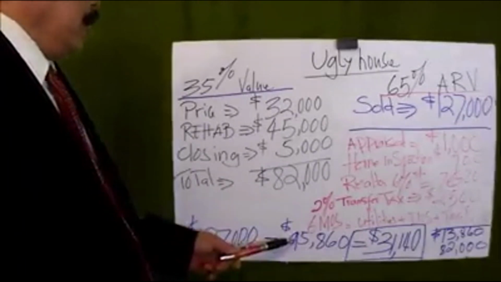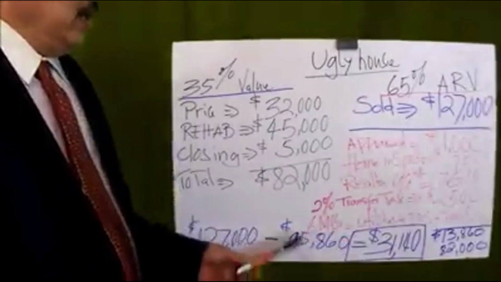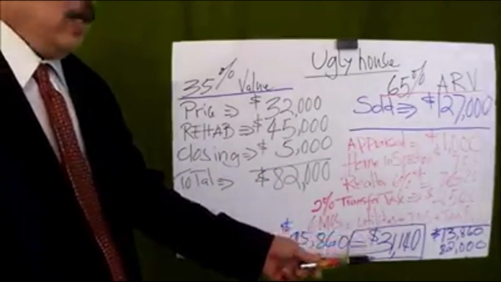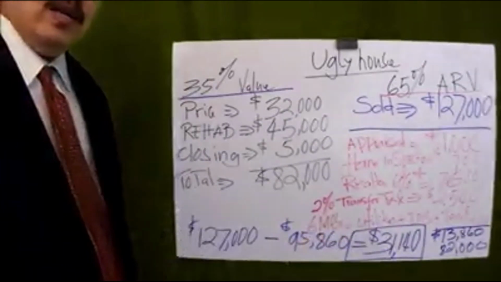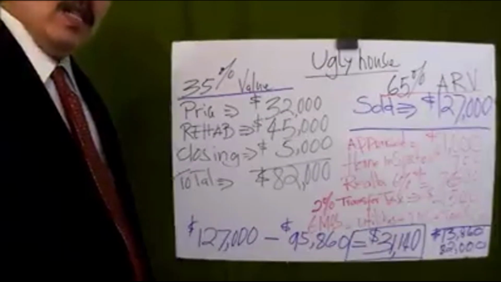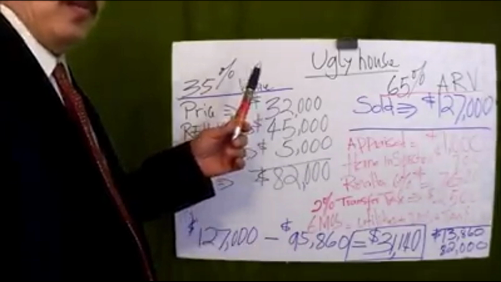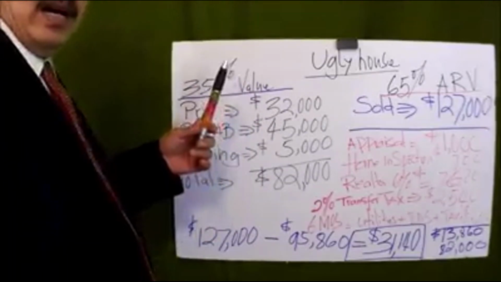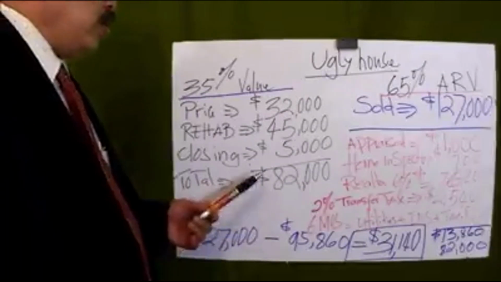You subtract $95,860. You see here, in a 6-month period, you make $31,140. It's better than 200,000 to go buy the house and collect the rent. Like I told you, this is better.